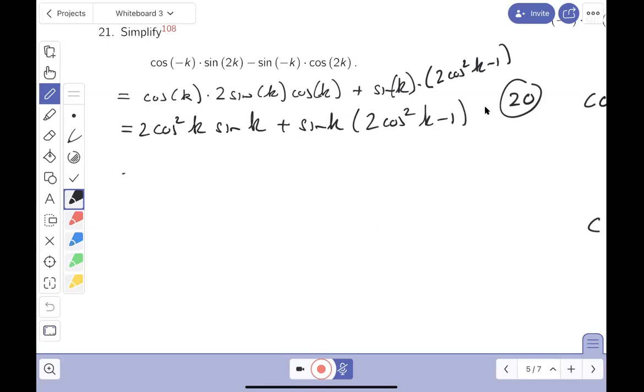Let's write this down now. 2 cosine squared k sine k. Let's take a look at that. Plus 2 cosine squared k sine k minus sine k.